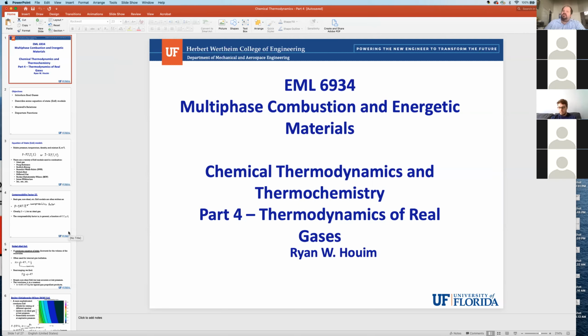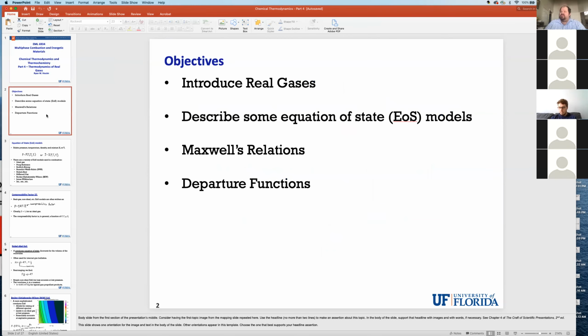So we will introduce some thermodynamics of real gases. For those of you who've had some advanced thermodynamics, some of this will be review, and we'll describe some of the equation of state models that are commonly used. We have to discuss briefly Maxwell's relations, and then departure functions.